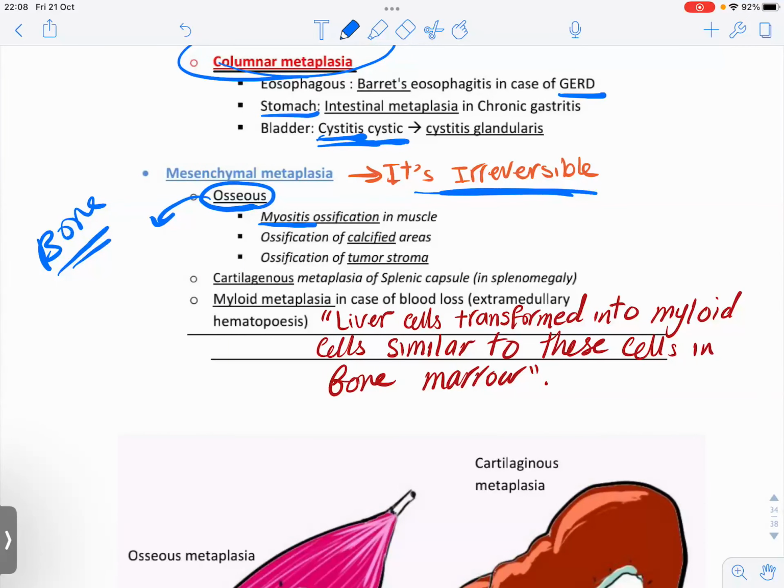And after some time, specifically in horse riders, the muscle can get some injury and some inflammation due to a lot of trauma to the muscle.